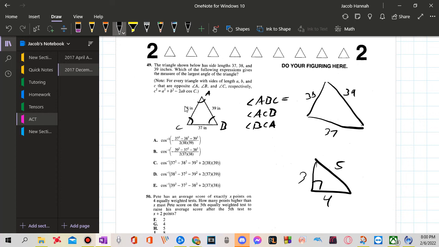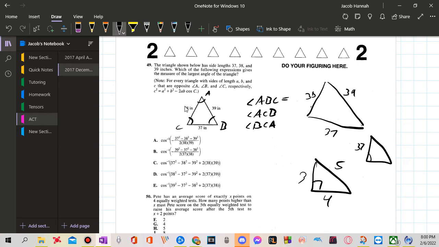When you have the two smaller legs and the biggest leg, the angle between the two smaller ones is the one in question.